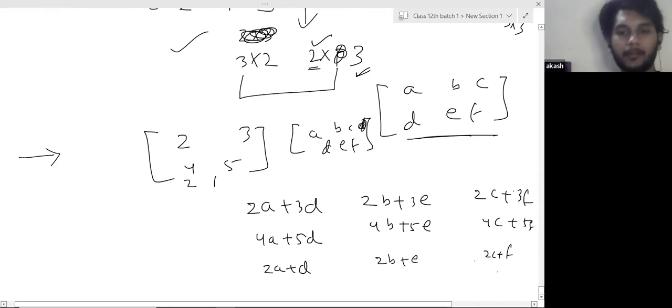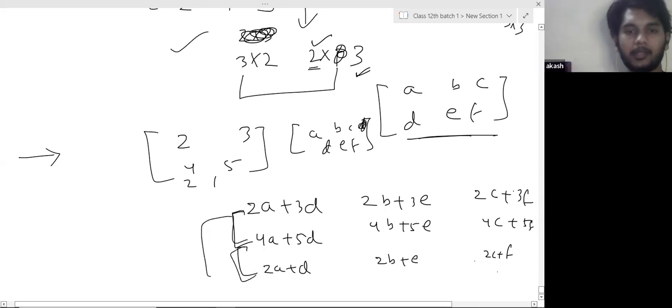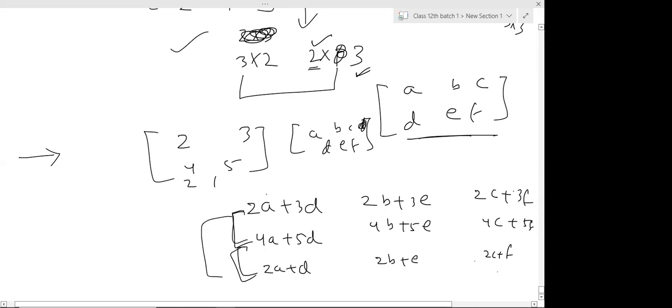Now see, to solve for a and d, you can take any of these three equations. You can take these two, or these two.